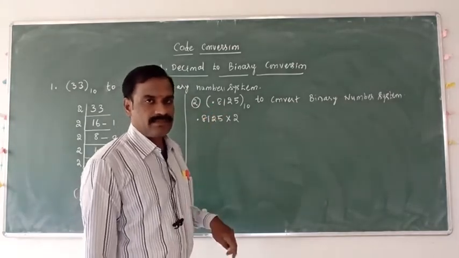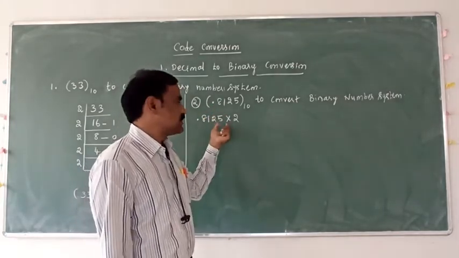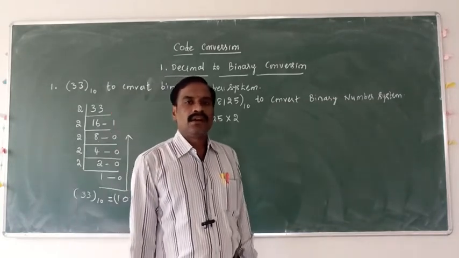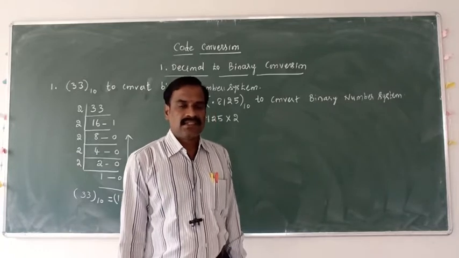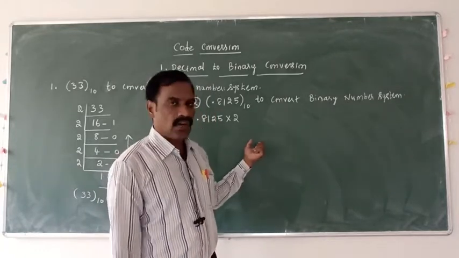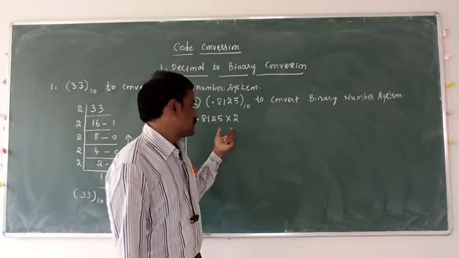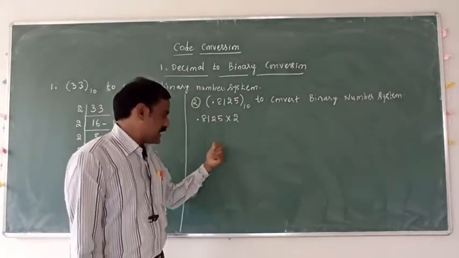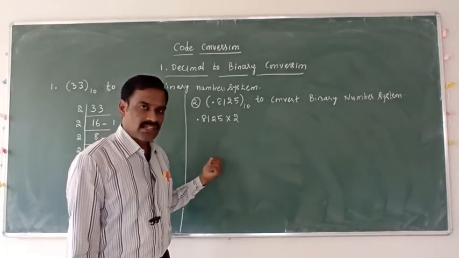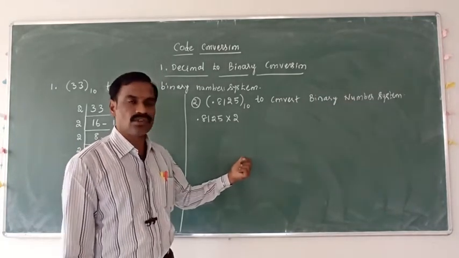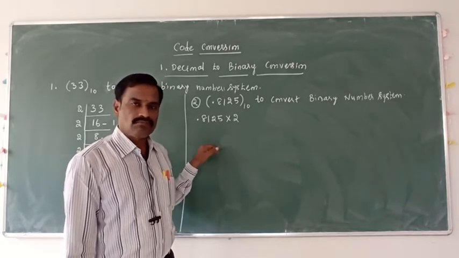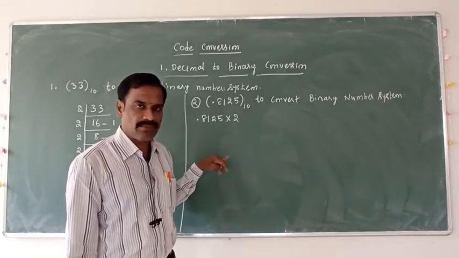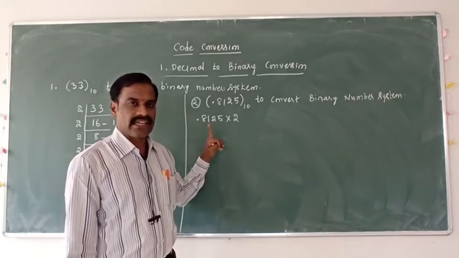Okay, there are 3 ways we can stop the process. Suppose 0 occurs. If a 0 occurs, 0 multiplied by 2, or 0 multiplied by whatever number, the result is 0, so we can stop here itself.